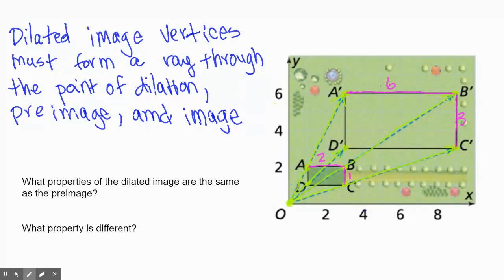So knowing all these things, what properties of the dilated image are the same as the pre-image? When we look at properties of images, we have things like the orientation, the size, and the angle measures. So there are 3 things that are the same.